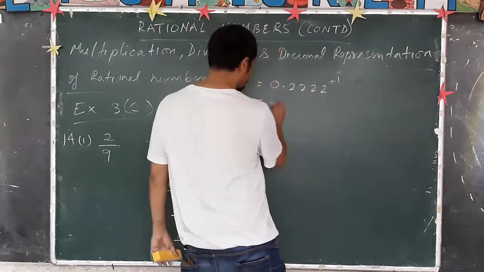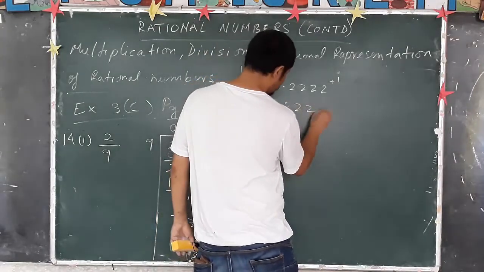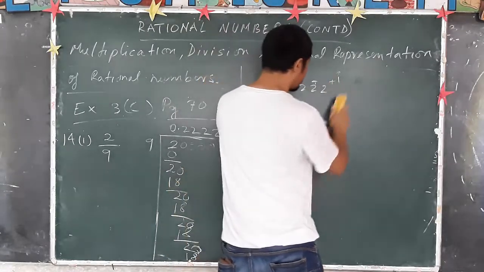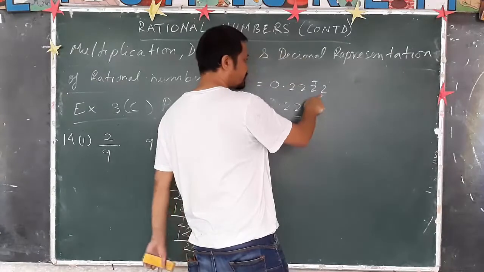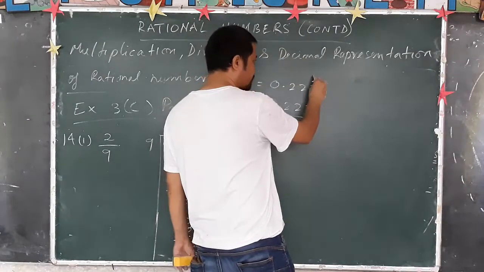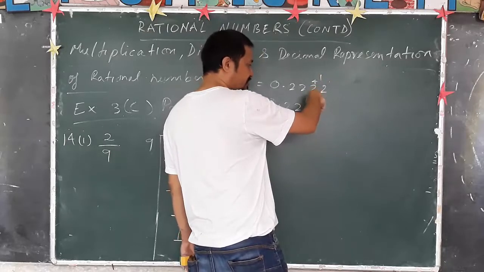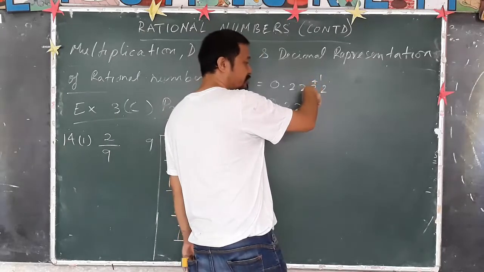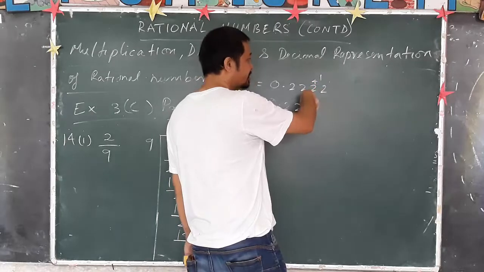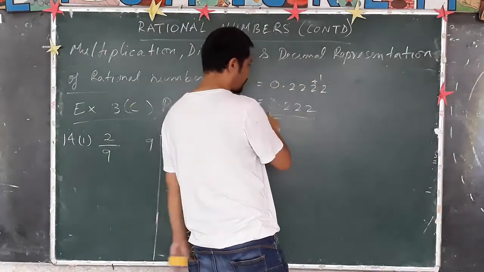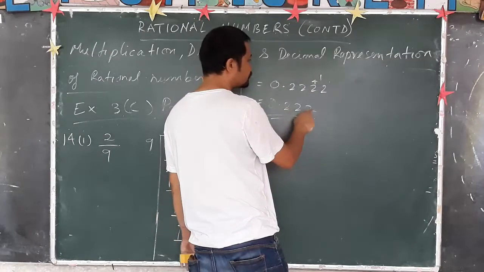So you just write this as 0.222. After rounding off, we get 0.222.